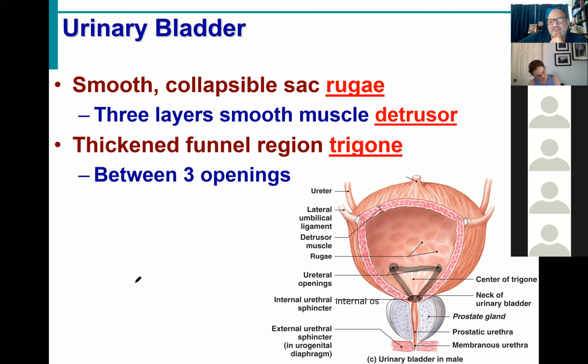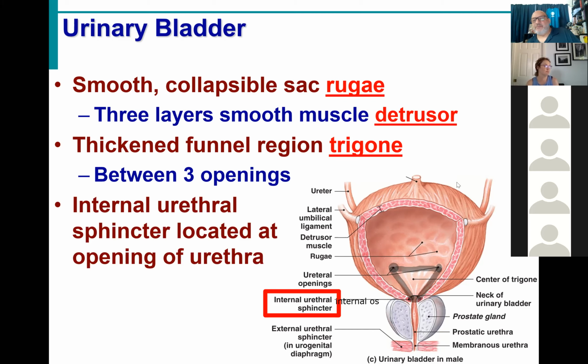No, exactly. So a small amount of urine typically remains in the bladder after expulsion. And as we've talked about, urine is warm, moist, and has a large amount of metabolic nutrients for bacteria. So when an individual gets a urinary tract or bladder infection, it often starts here in the trigone region, because that is where you can get an accumulation of urine that is not able to be released.